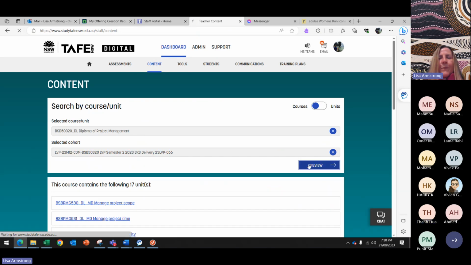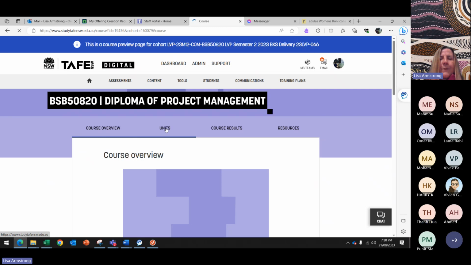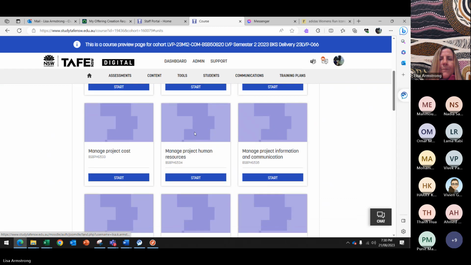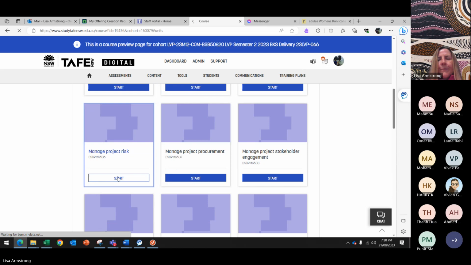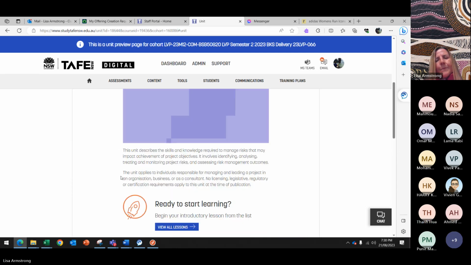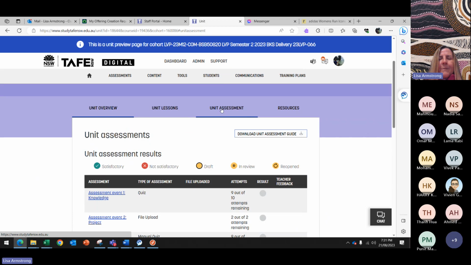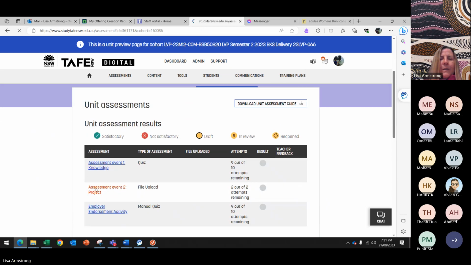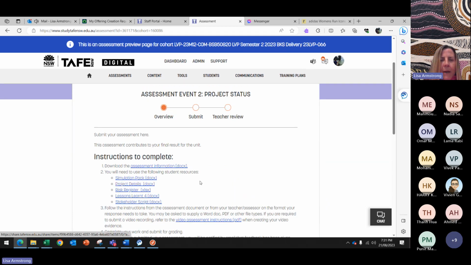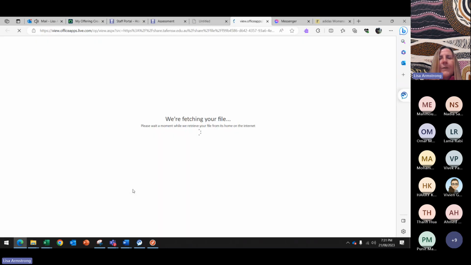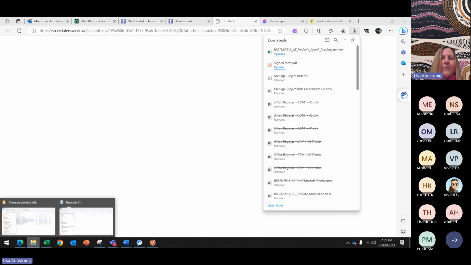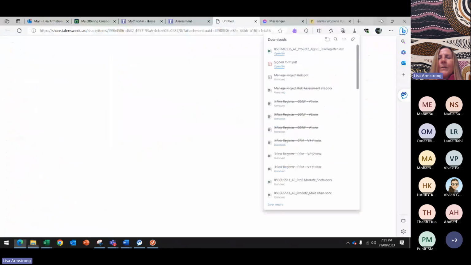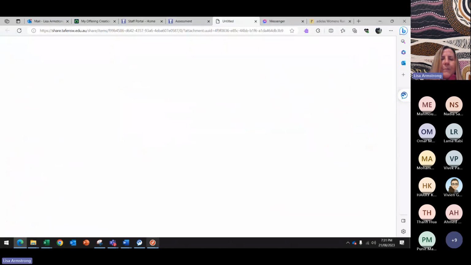So we go to 066, that's us, and we preview. I'll just grab this manage risk. Thanks for alerting me to that, Vinay. And we grab our assessment object. Now we should have the risk register. I'm going to download that one, and then hopefully I can put it straight into the Teams room.